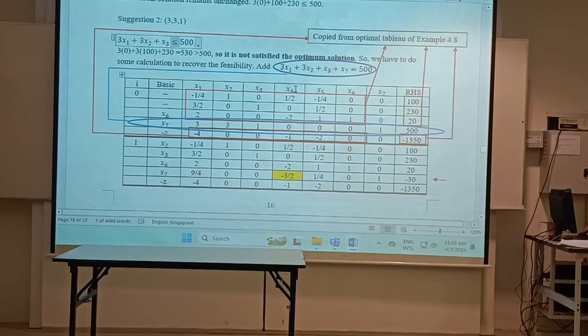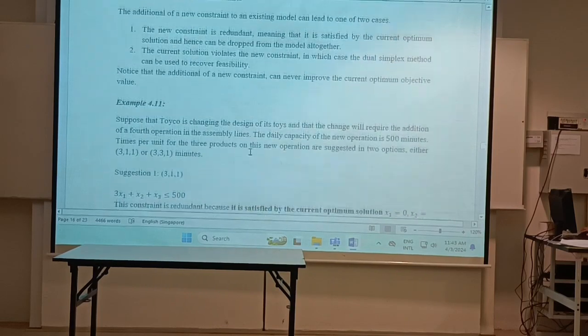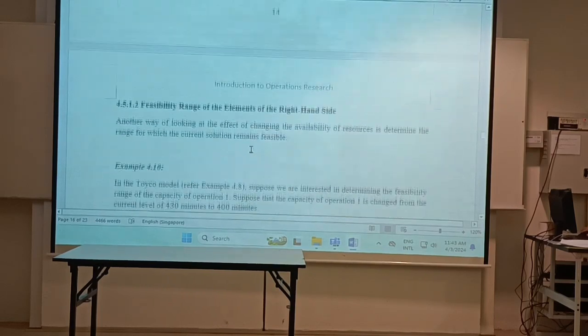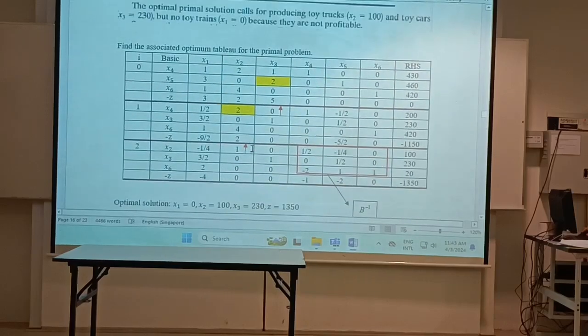For example, all this information you have to copy from the optimal table of example 4.8. The one that is highlighted in front of you, you can get it from the optimal table. This is the one.